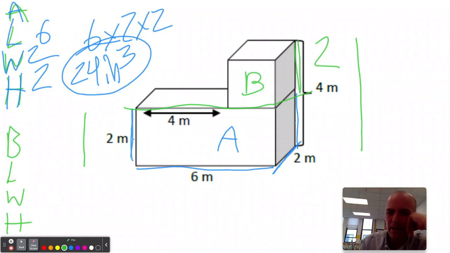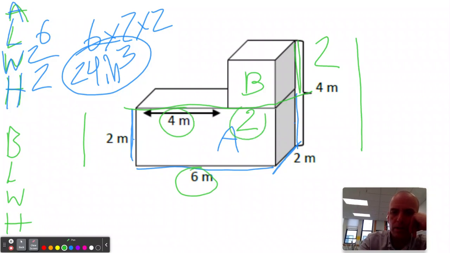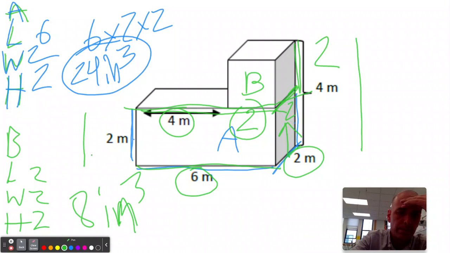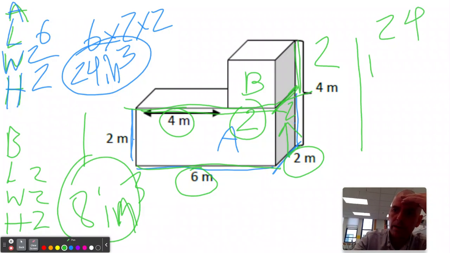And then if it's a square, wouldn't this be 2? Right? And if you think about it, 4 plus 2 would be 6. This line would be equal to this line. Okay. And then the width would be 2 as well, which is this line, right? So I think it's 2, 2, and 2. So 2 times 2 times 2 is 8 inches cubed. Then 24 plus 8 is 32.